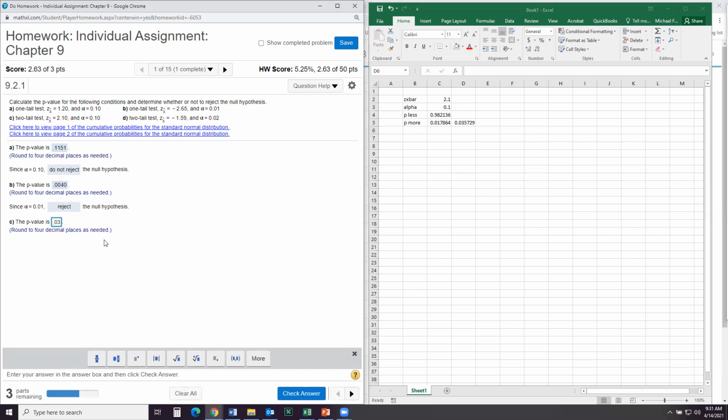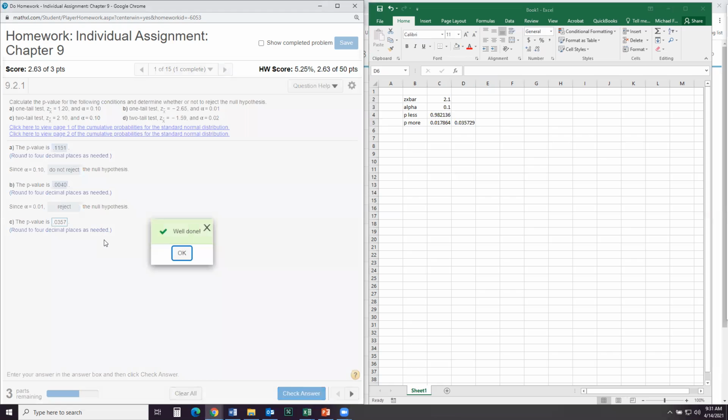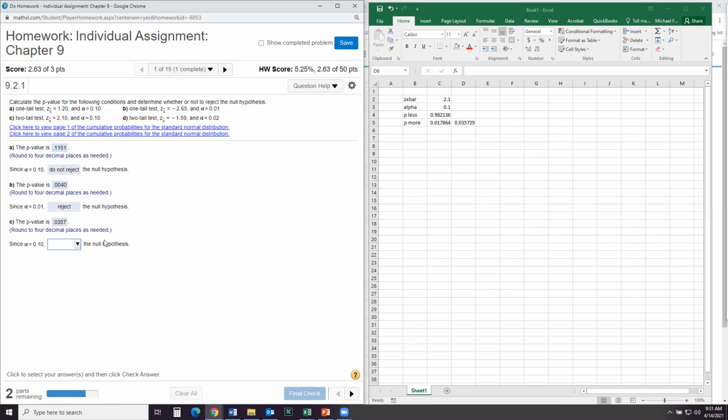So 0.0357. Then the same rule applies: if that's greater than our alpha, we do not reject, and if it's less than our alpha, we do. Our alpha is 0.1 on this one. I didn't change it before, but it's 0.1 on this one. And this is 0.03, so that's less than, so we're going to reject.